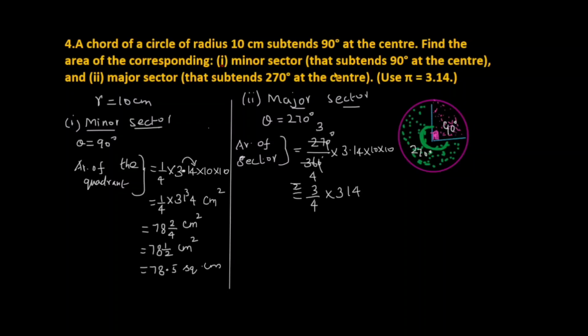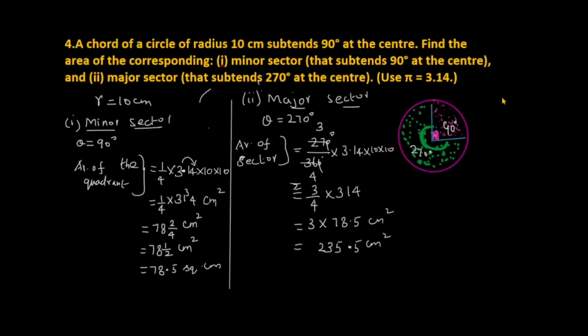So when we are dividing 314 by 4, already in the previous question we got 78.5. So 3 into 78.5 centimeter squared. When multiplying this, 15 remaining 1, 24 plus 1, 25 remaining 2, 21 plus 2, 23. 235 centimeter squared is the area of the major sector.